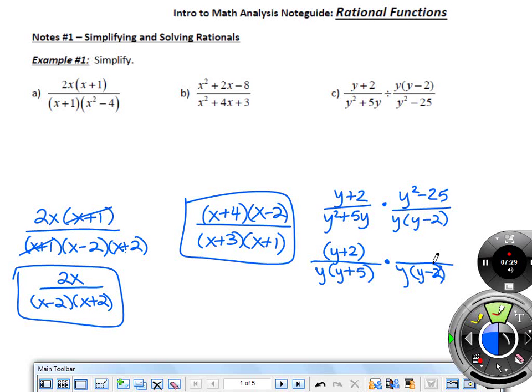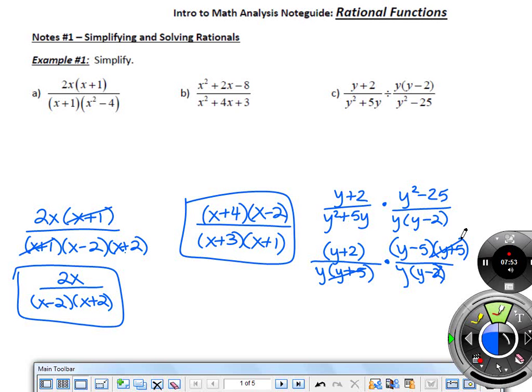And the numerator would factor as y minus 5 and y plus 5. All right, so what can cancel based on what you're looking at here with this multiplication problem? Okay, yeah, so y plus 5 can cancel.